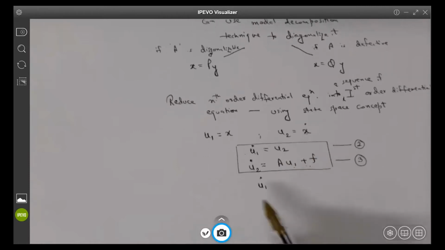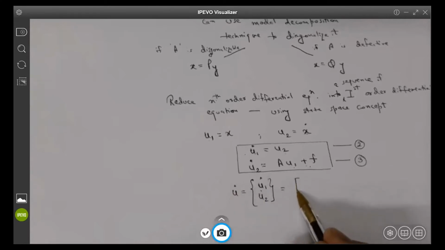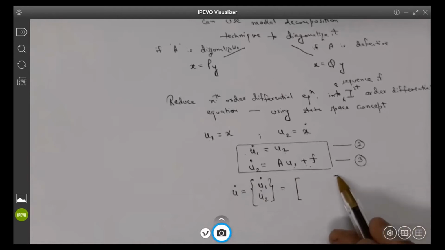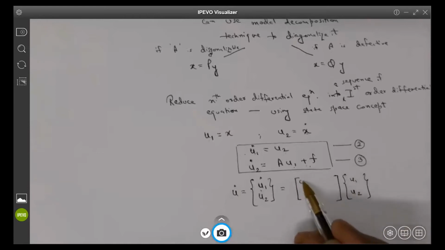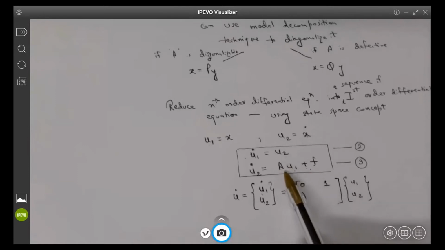So if I write this in matrix form, I call that u dot is equal to... Here I'm assuming this is just one scalar, because at this point you generally need to expand this.